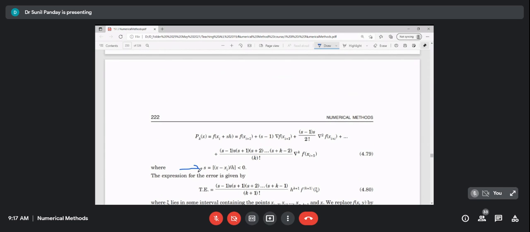If s is x minus xi upon h, then we have f of xi plus 1, plus s minus 1 backward of f of xi plus 1, plus s minus 1 into s upon 2 factorial, and so on. Here we are considering up to the kth order backward differences, as we have a polynomial of degree k. Up to this order it exists, and the higher order backward differences of f are 0.